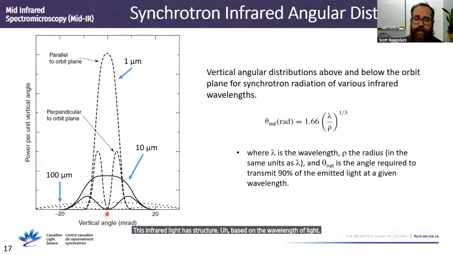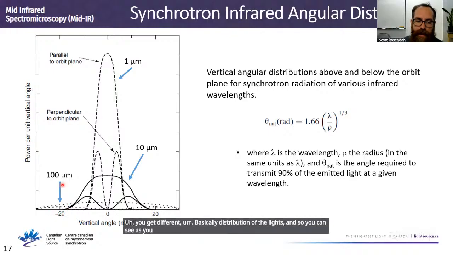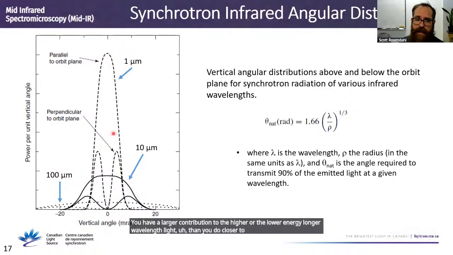The further you move away from the center plane of the fan of IR photons produced in the bend magnet, you get a different distribution of the light. As you go further and further away, you have a larger contribution of the lower energy, longer wavelength light than you do closer to the overall plane of the synchrotron light.